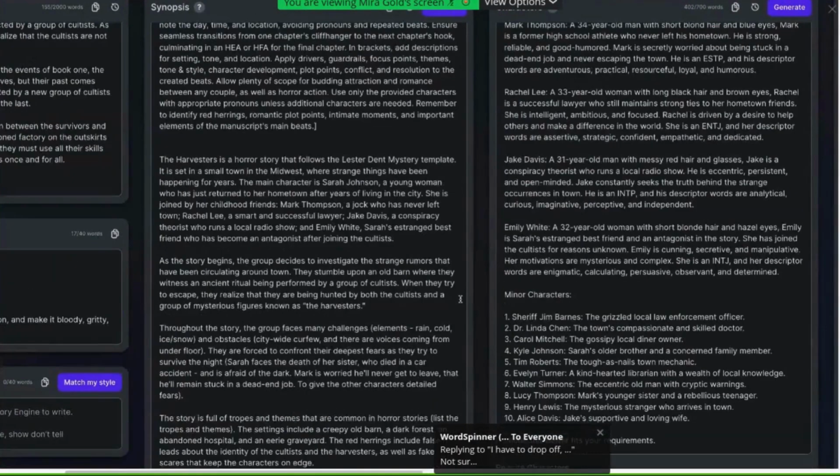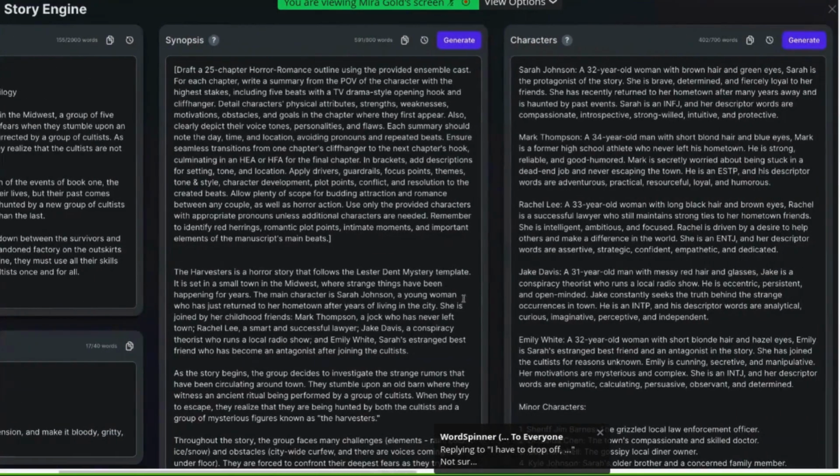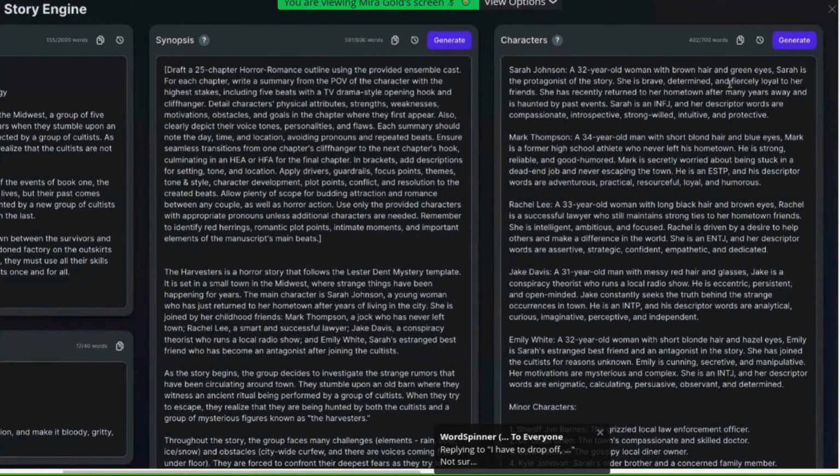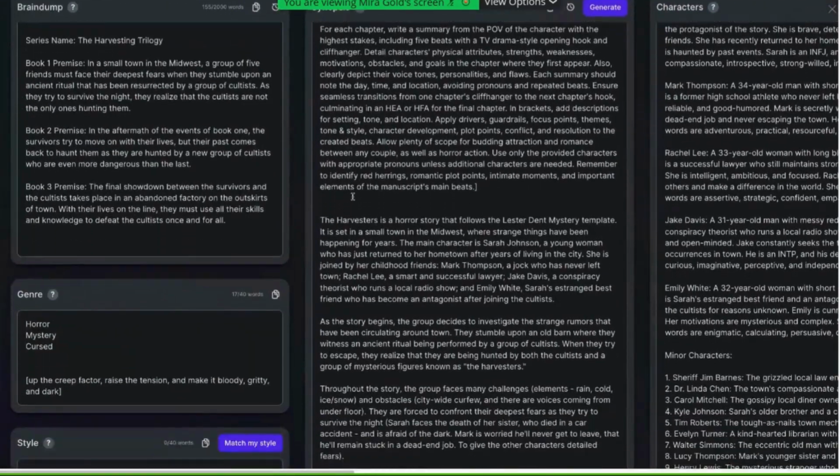And I'm going to take a look at Sarah. So Sarah is brave, determined, fiercely loyal. She's returned home. So if I wanted to put something in style about Sarah, I could do that in the style box. But you know what I really want to put in there? I want to put in there something about my story.